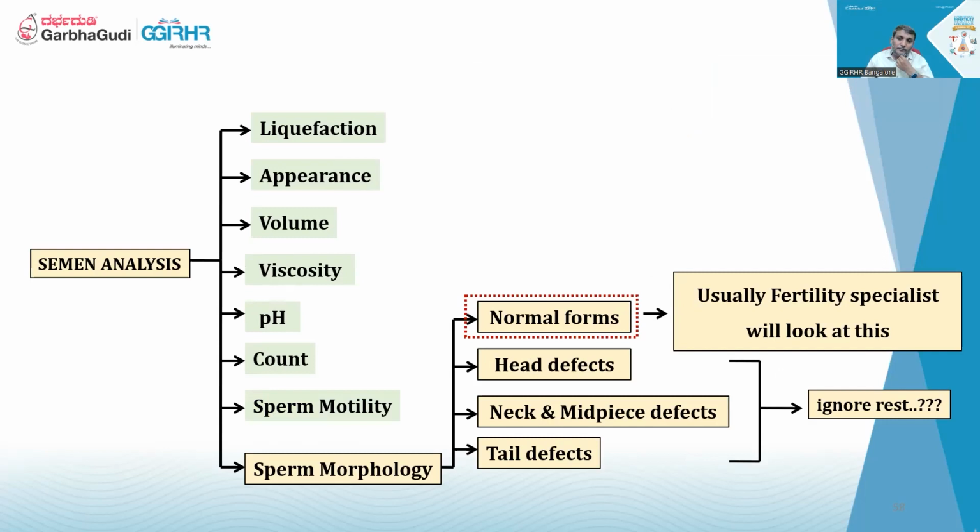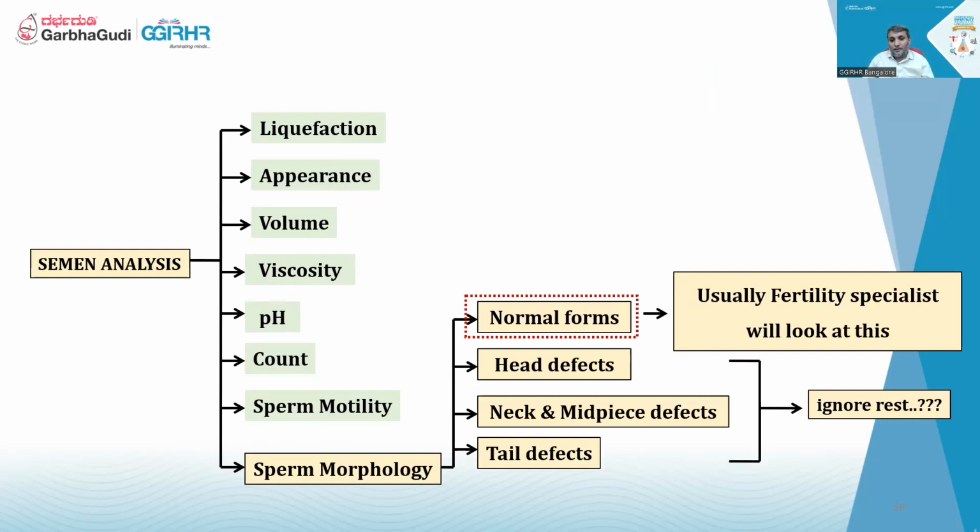See here what the clinicians should do. Clinicians should mainly concentrate on the normal sperm. She should see whether the normal sperms are there or not. If it is more than 4%, it is considered a normal semen sample. If it is less than 4%, then treatment is needed.